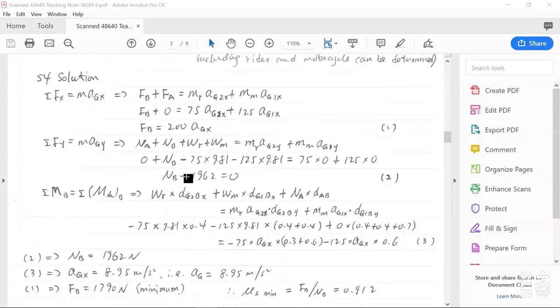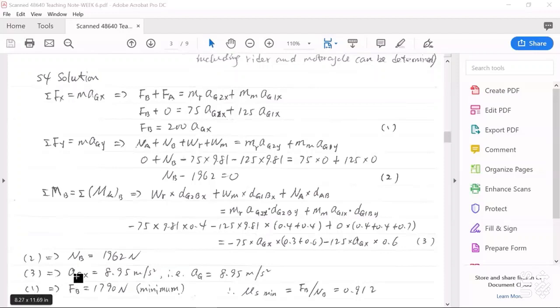Okay, from equation 2, we can get NB directly. Then substitute this NB into equation 3. We can work out AG, the acceleration at the mass center point G of this system. This one is positive.